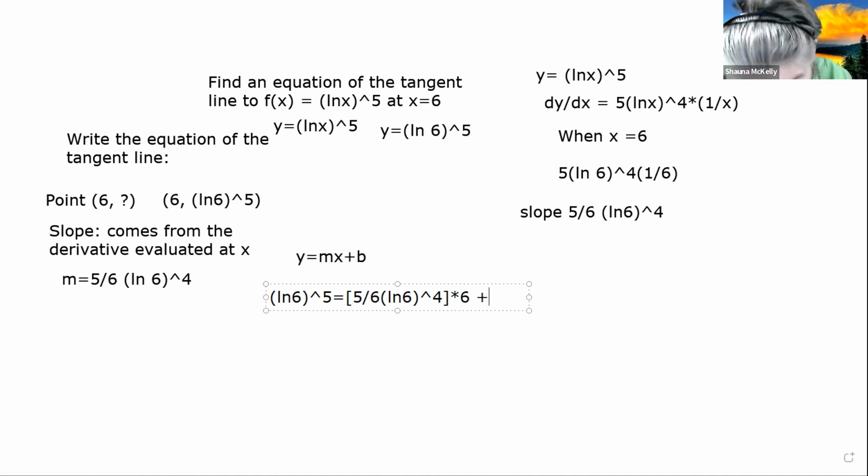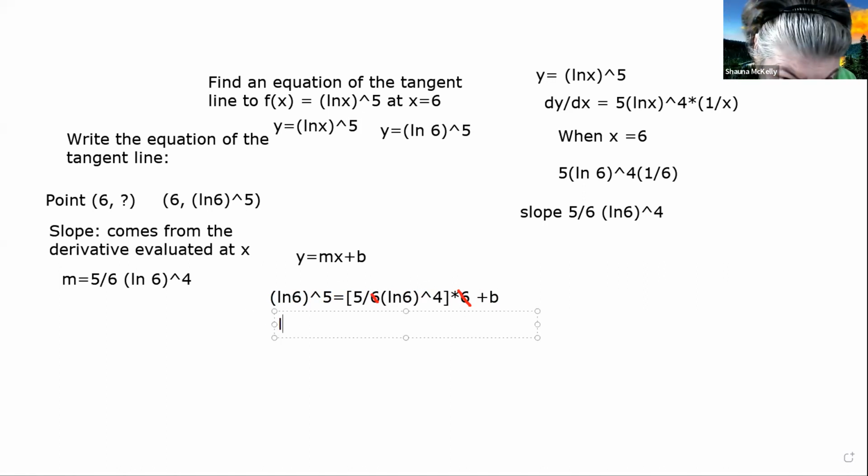So I have 5/6 ln 6 to the 4 times 6. These are 3 terms multiplied together. This 6 in the 5/6 cancels with the 6 here. So I end up with the following.